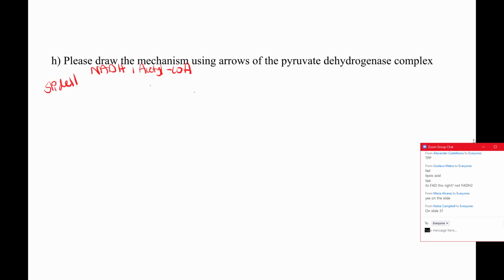Not slide 3. I'm referring specifically to slide 9. It's a three-step mechanism. There's decarboxylation, oxidation, and transfer to acetyl-CoA. That's where it starts. And then the mechanism in detail is in the 3 slides afterwards. That's for H. For G, it's that schematic. It's the circles and all these things moving around. That's the one for G.